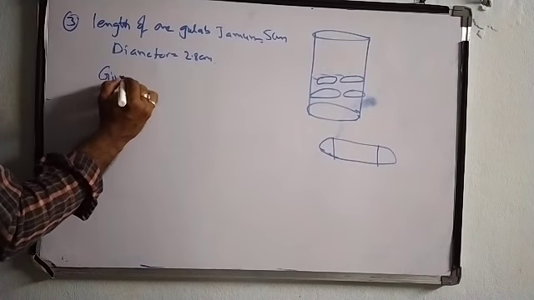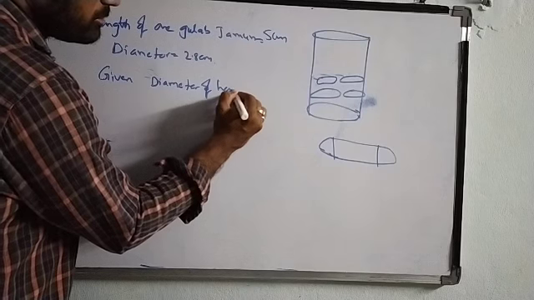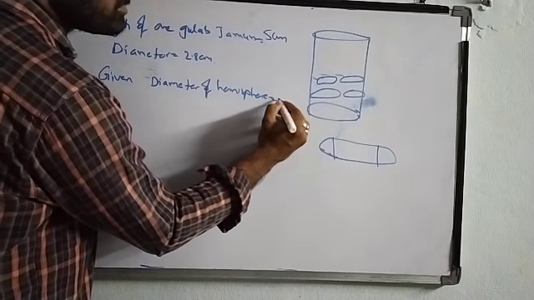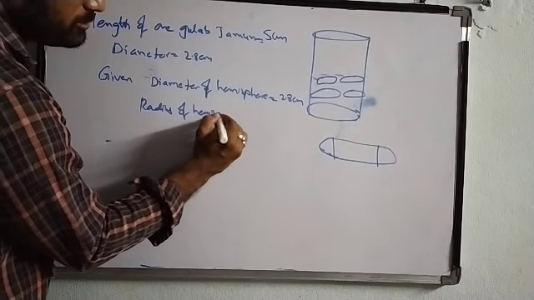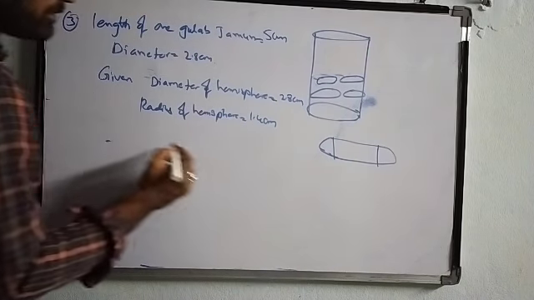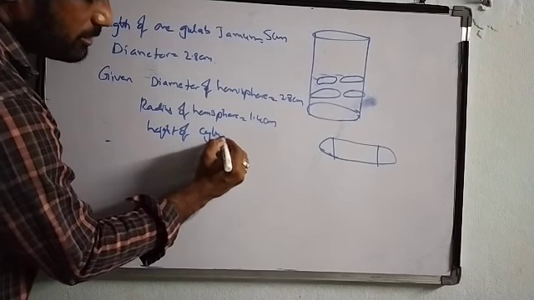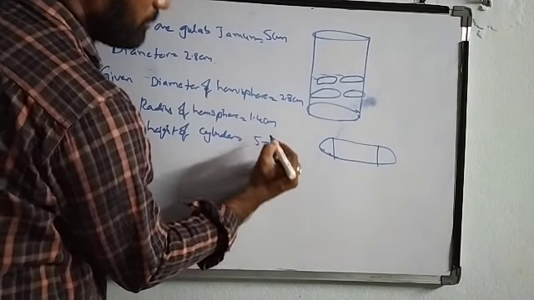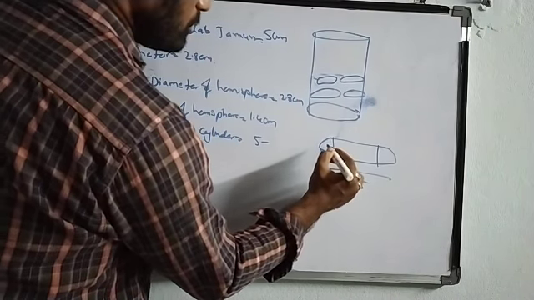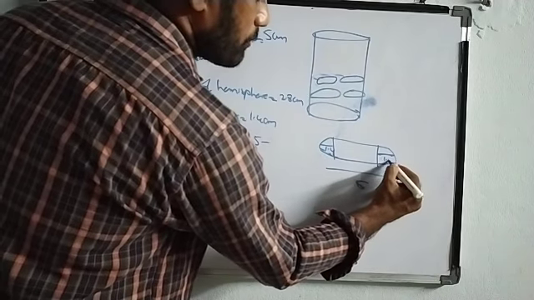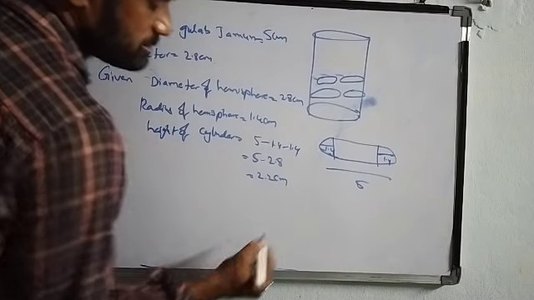So given, diameter of hemisphere is 2.8 centimeter, so radius of hemisphere is 1.4 centimeter, and height of cylinder, so total length is 5, here it is 1.4, here also 1.4, means 5 minus 1.4 minus 1.4, 5 minus 2.8, so it will be 2.2 centimeters.